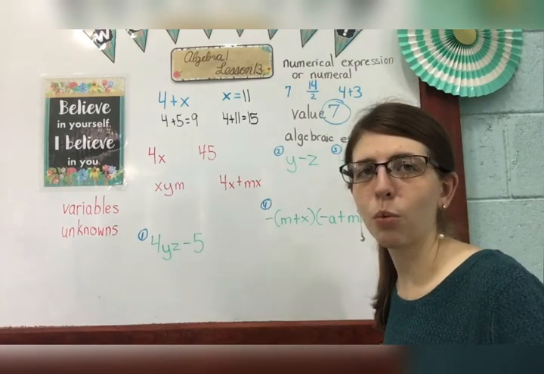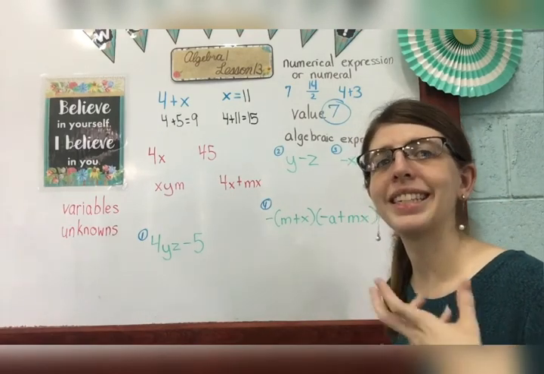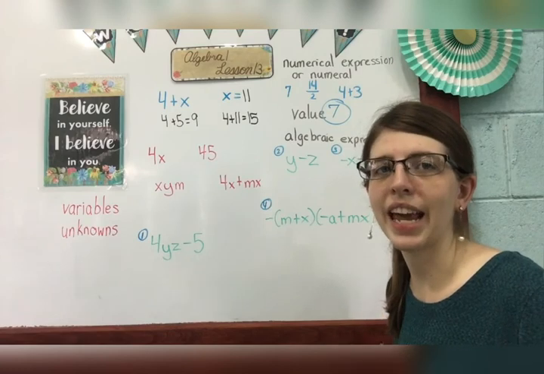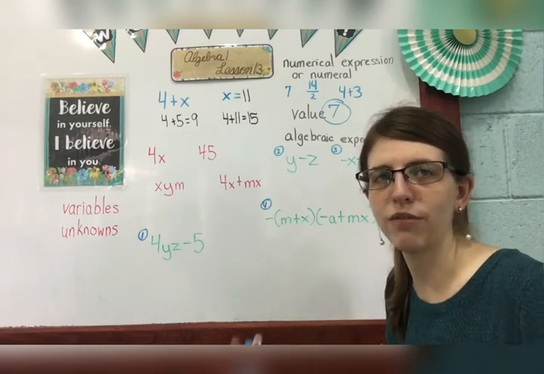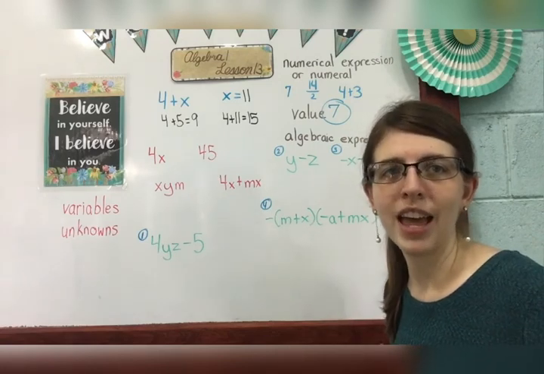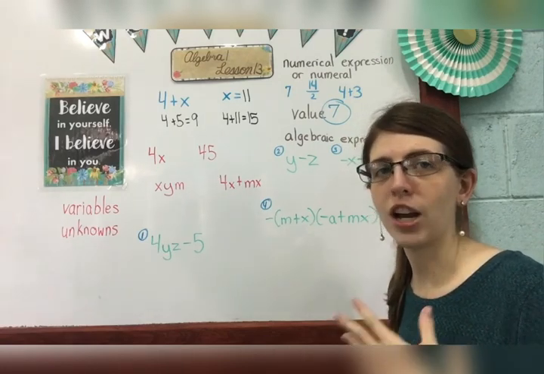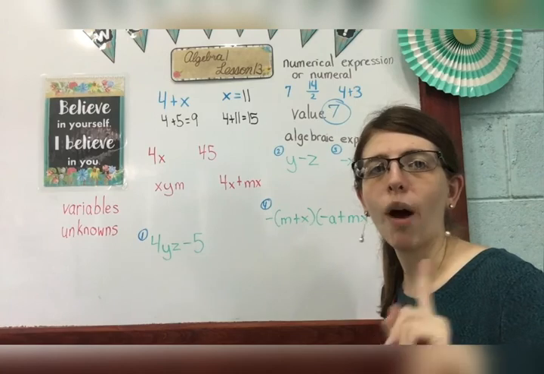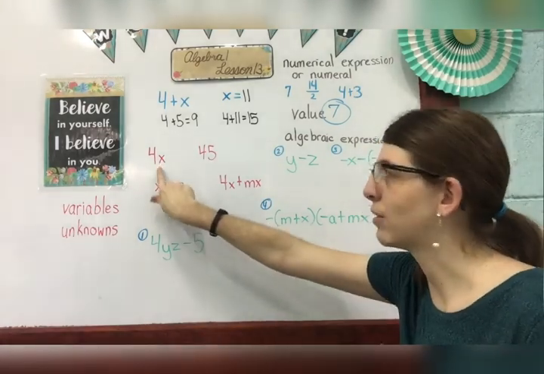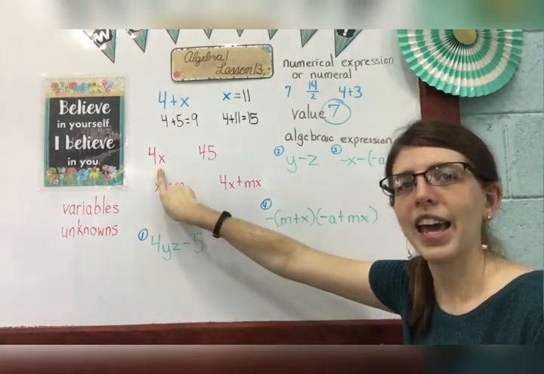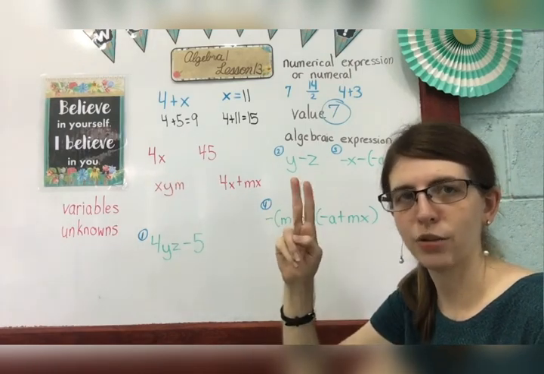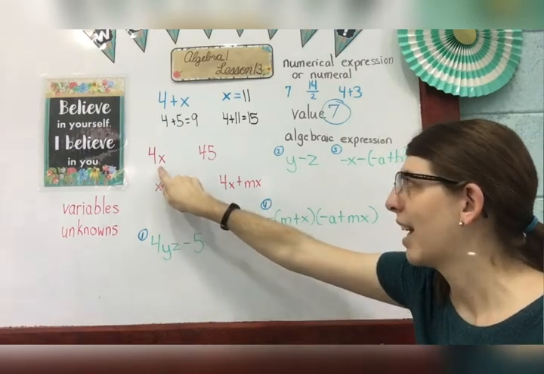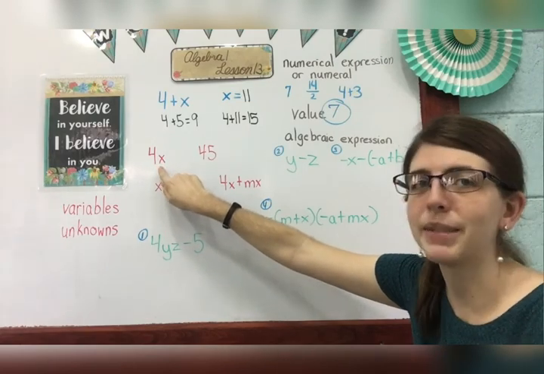So when I'm working with letters, I can use the same symbols to indicate our various operations: addition, subtraction, multiplication, division. I use the same exact symbols that I use when I am just working with numbers. There's only one difference, and that's this right here. If I am multiplying a number and a letter, I can just put them right next to each other. 4x means 4 times x.